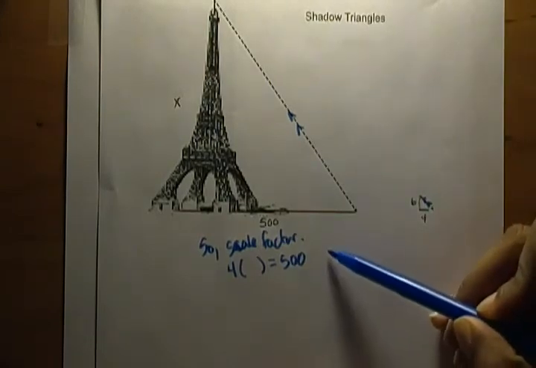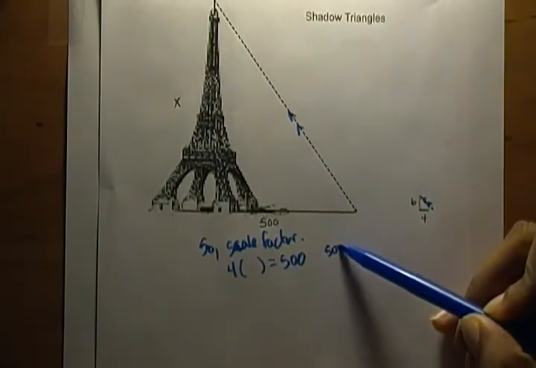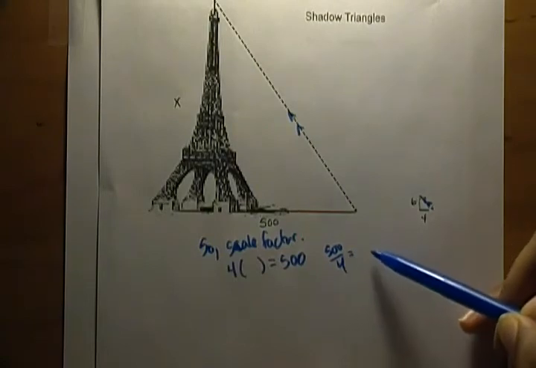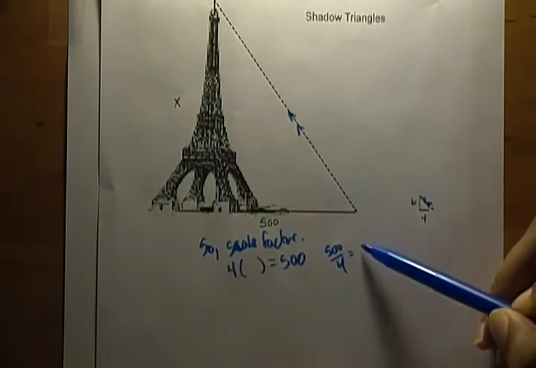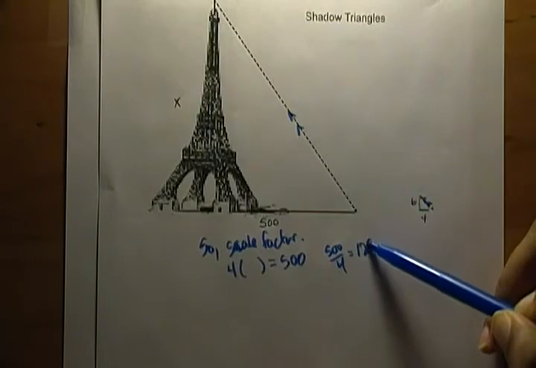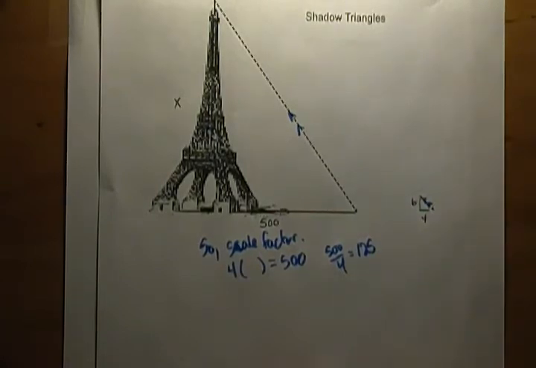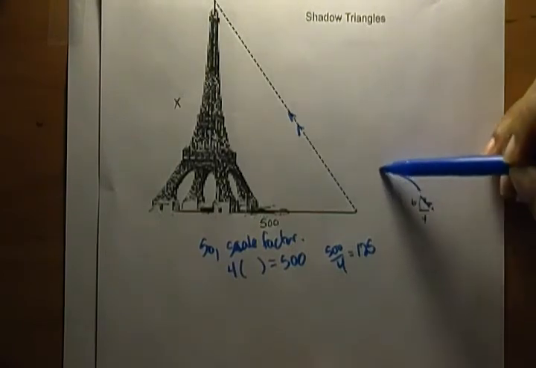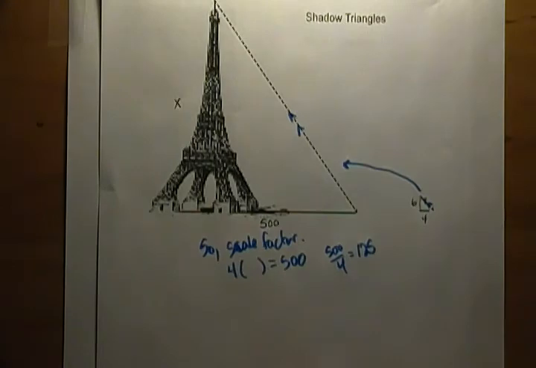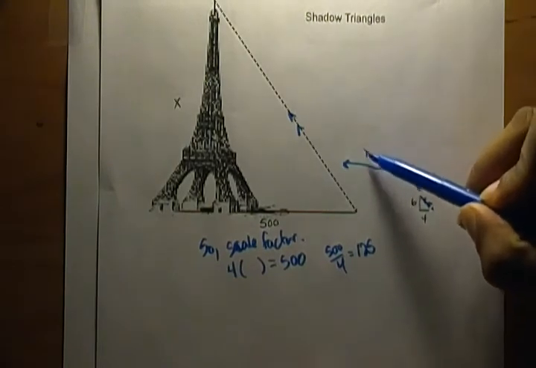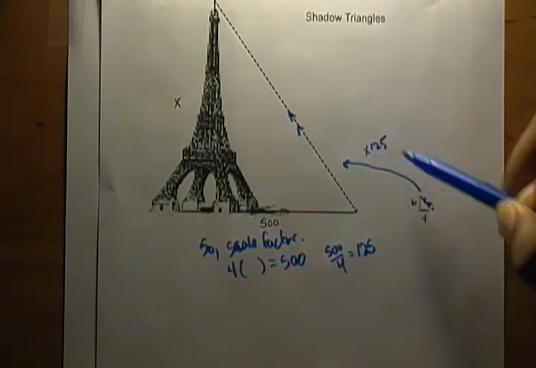So in class what we do is we divide these two numbers. 500 divided by 4 comes out to be 125. So the scale factor is 125. To go from here to here, we multiply by 125.